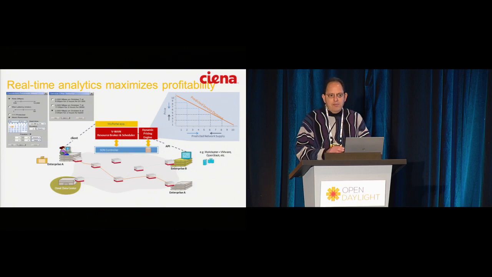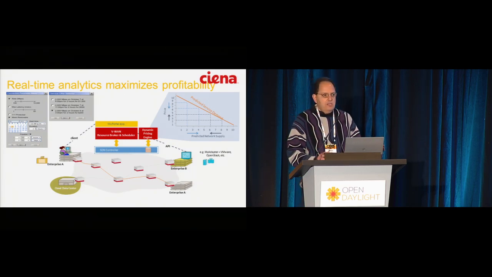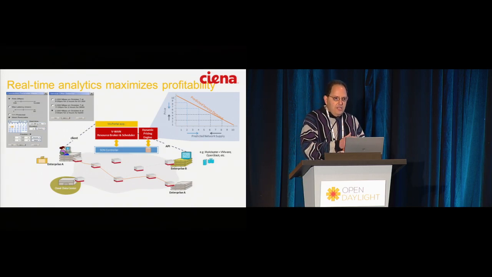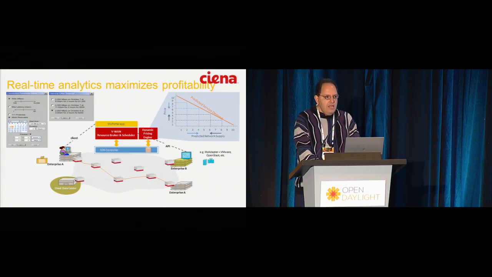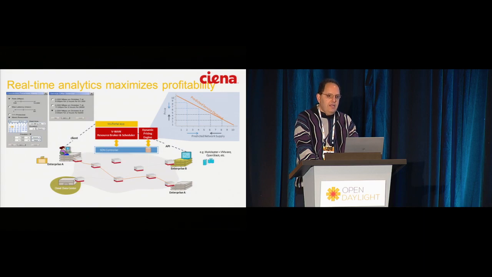And the idea is to be able to smooth out the peaks, improve the overall utilization by incentivizing customers to fit into the available capacity that carriers are offering. Now, to do this without software-defined networking, without dynamic connections, it would be very, very difficult to execute.